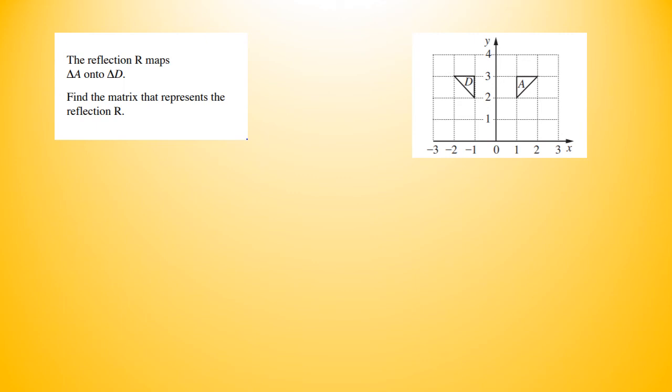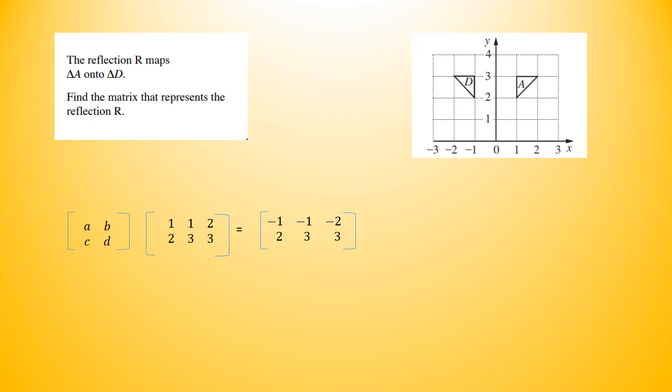But they are asking you for the matrix which maps triangle A onto triangle D. We discussed a lot of questions under matrix transformation in the previous video. So we first write down the matrix which we use to transform triangle A onto triangle D. a, b, c, d are the elements of matrix R, which you don't know.